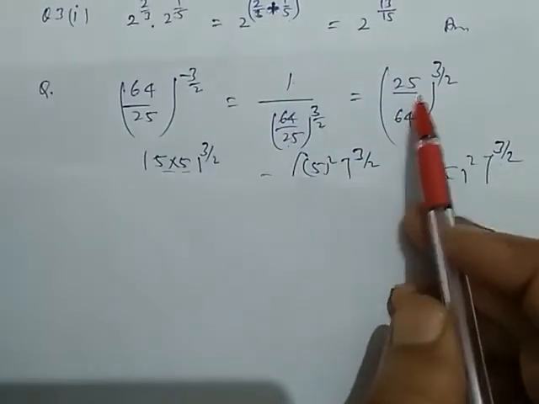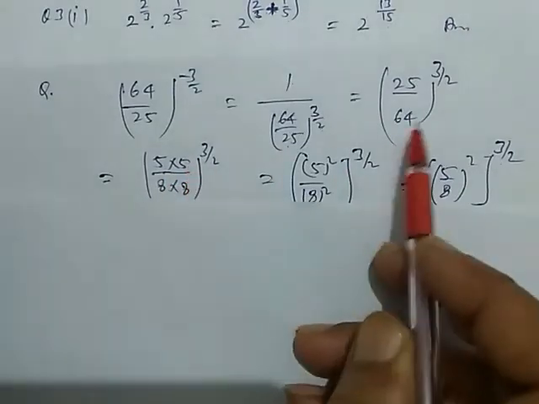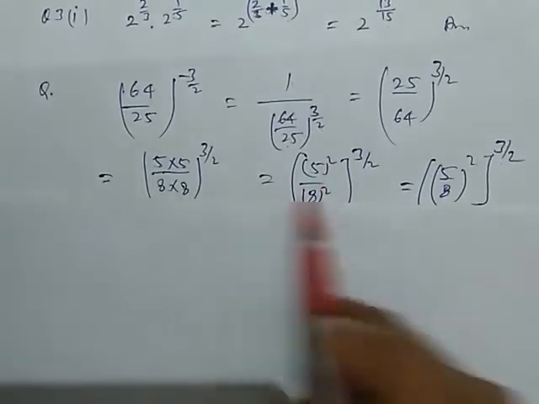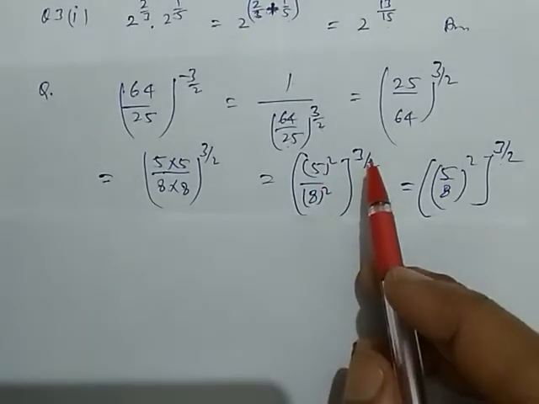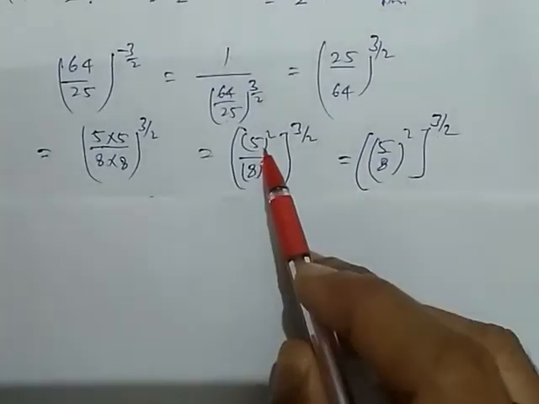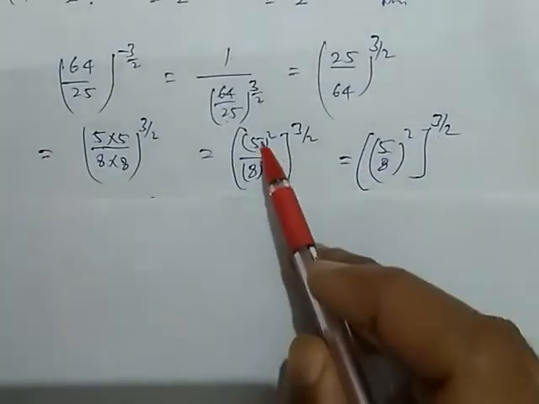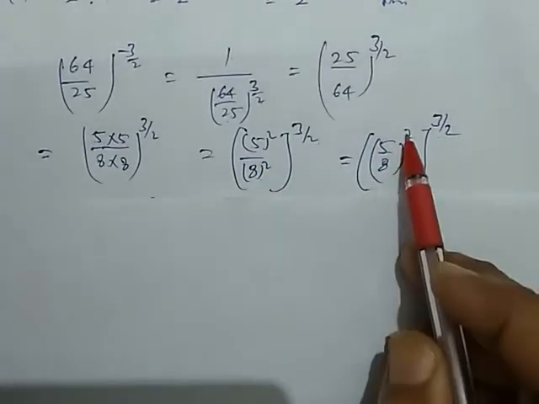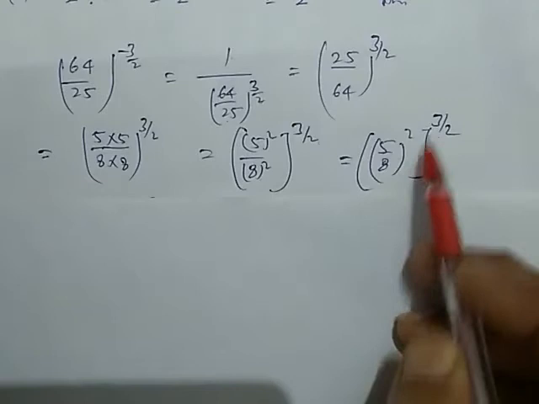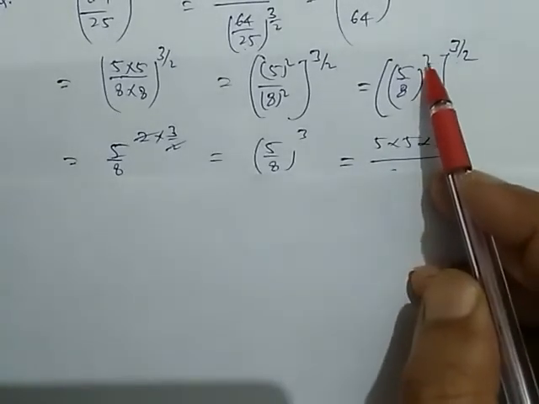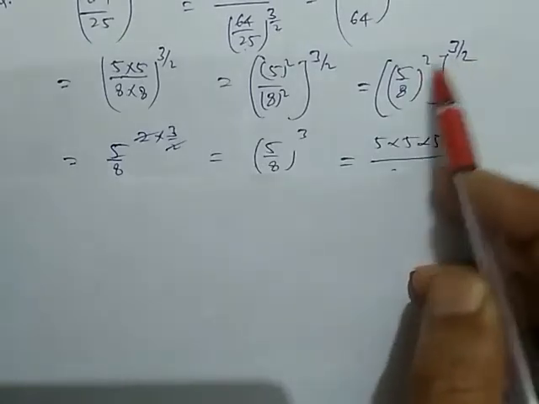Now 25 means 5 into 5, 64 means 8 into 8, so this is 5 square, this is 8 square, whole power 3 by 2. Now 5 by 8 whole square can be written as 5 by 8 whole square, whole power 3 by 2.